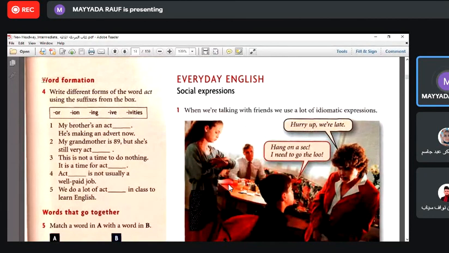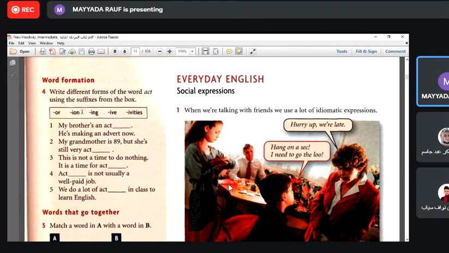Okay. This one, word formation. Here we have also another exercise related to parts of speech. Write different forms of the word act using the suffixes from the box. The word act can be used in different ways by adding a suffix.